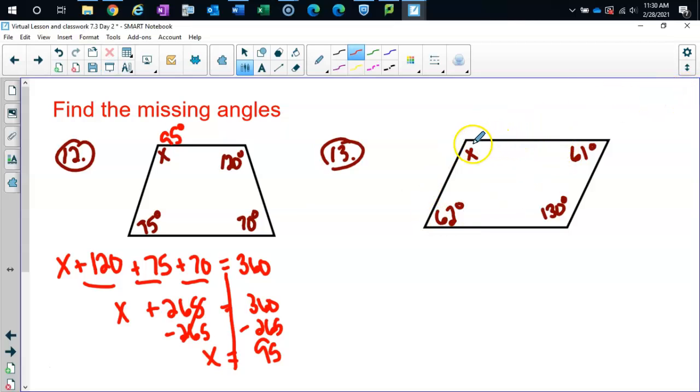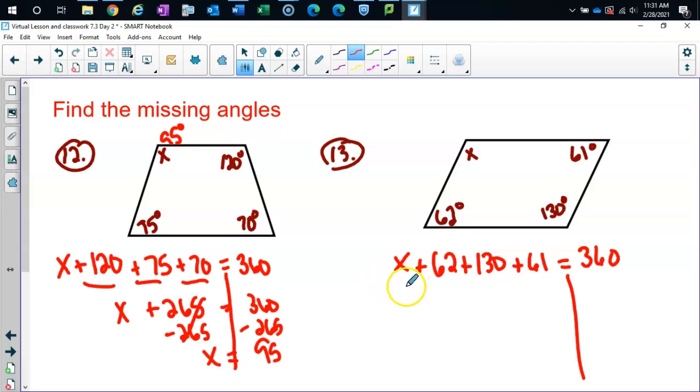Okay, find the missing angle in this quadrilateral. Go. All right, your equation would be x plus, and guys, if you're not writing these equations down, you need to stop the video, go back and do it. I am going to check your work, and if I don't see these equations written, you're not getting credit. So x plus 62 plus 130 plus 61 equals 360.